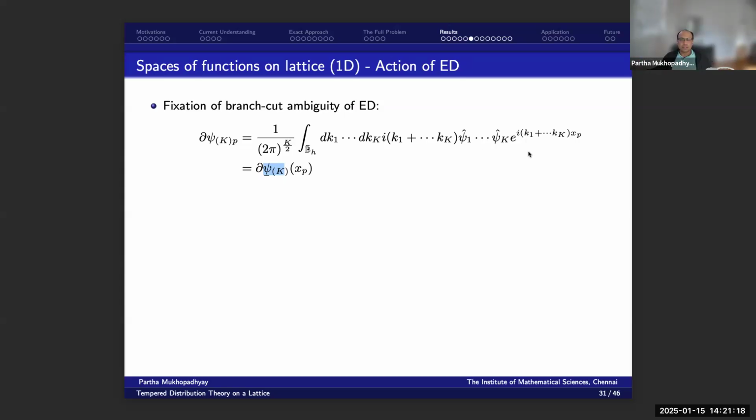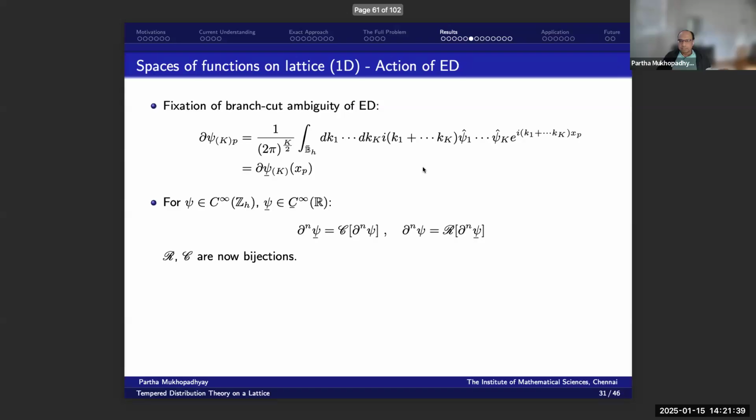And therefore, it's a Fourier transformation on R, not BH. And that is how psi lower bar is constructed. And this derivative of psi is the same as the continuum derivative of psi lower bar because of this prescription. And because of this prescription, the Leibniz rule is also valid, because this is a sum of the momenta.